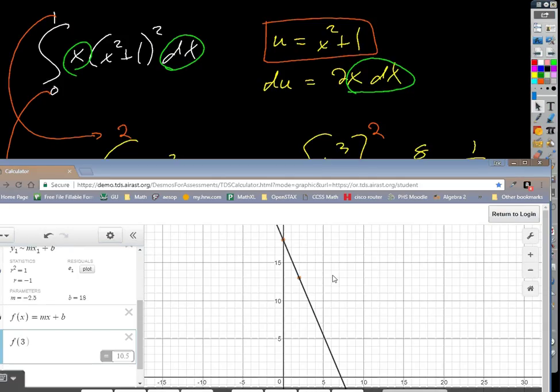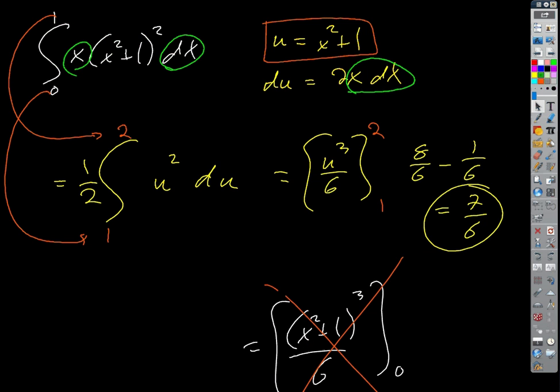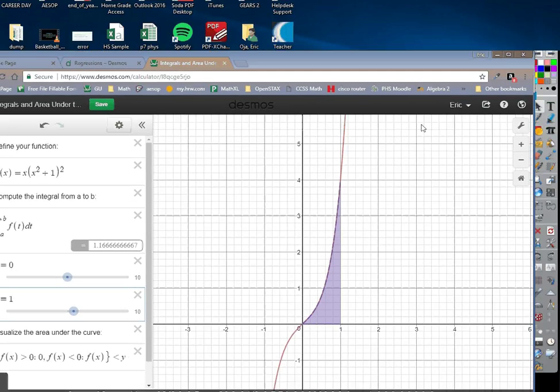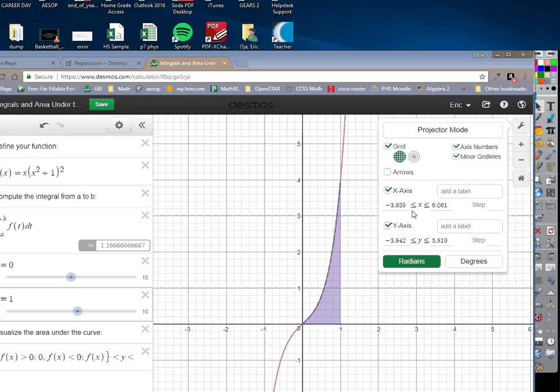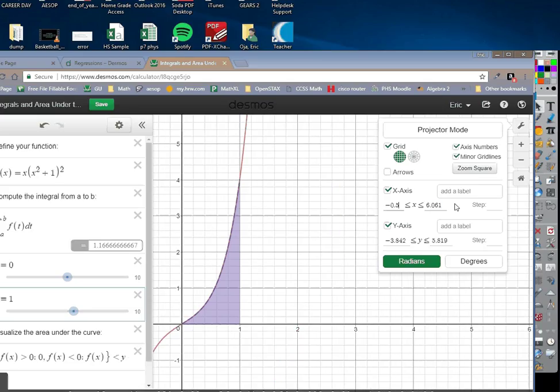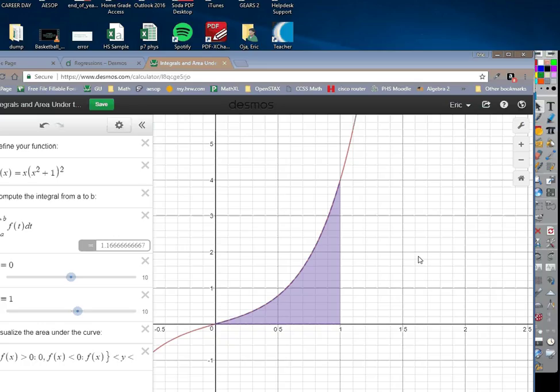Right, so there it is. Oh, wrong one. That's my other class. And it's that one. Okay? So there's what our area looks like. Let's make that look a little better, and we'll take a picture. Okay, so there's our picture.